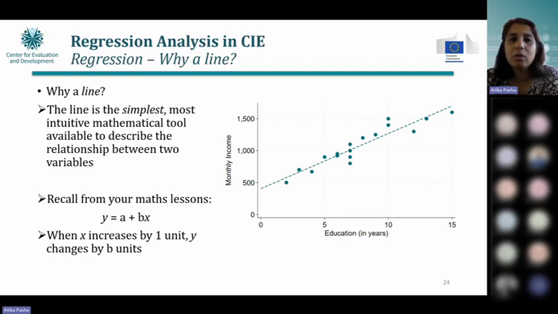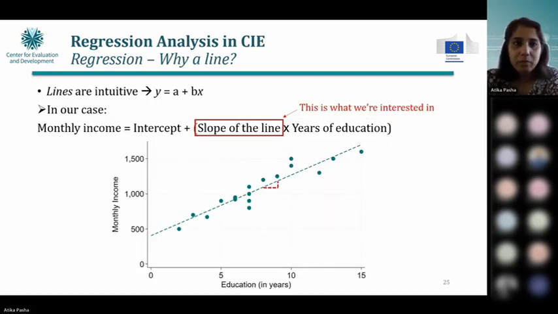So this was how we were doing it, which means that for our case, if education is increasing by 1 year, income will increase by a certain given constant value. And then on top of that, we will add a factor of the years of education. And this factor is basically defined by this line.